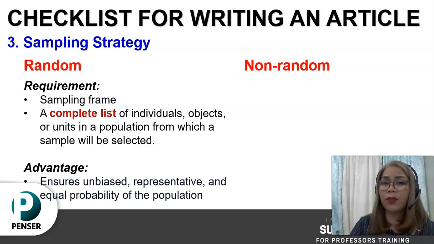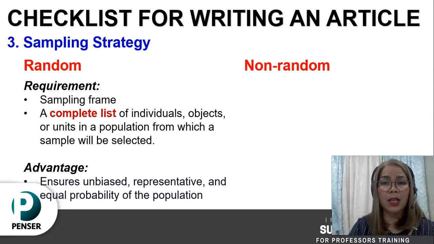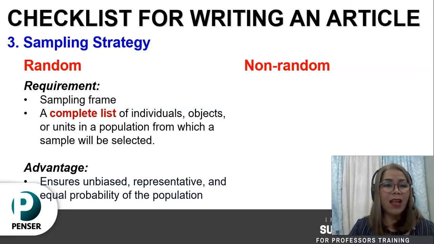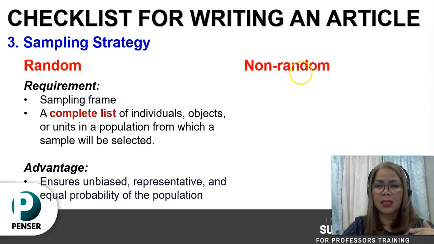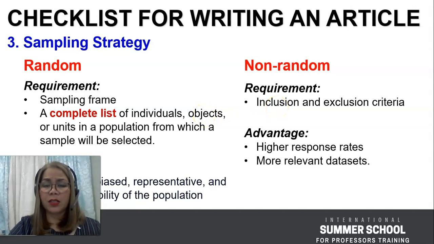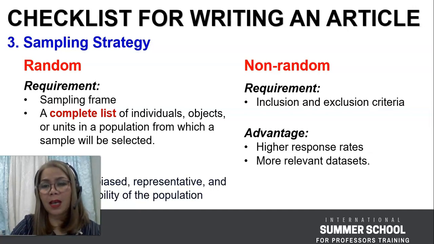It makes sense that if you don't have the list of all the individuals that are intended to be your target population, then how can we do random sampling technique, right? Now, the advantage of random sampling technique is that it ensures unbiased, representative, and equal probability of the population of the study.